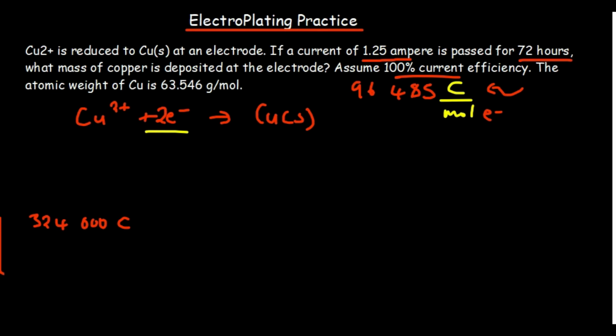So the mole of electron will go on top, so more like we are dividing, right? So mole of electron on top, and then we have the Faraday's constant on the bottom. So that is coulombs. So we can cancel those units already. The coulombs have gone away. Now we need to cancel out the mole of electron. How do we handle that?